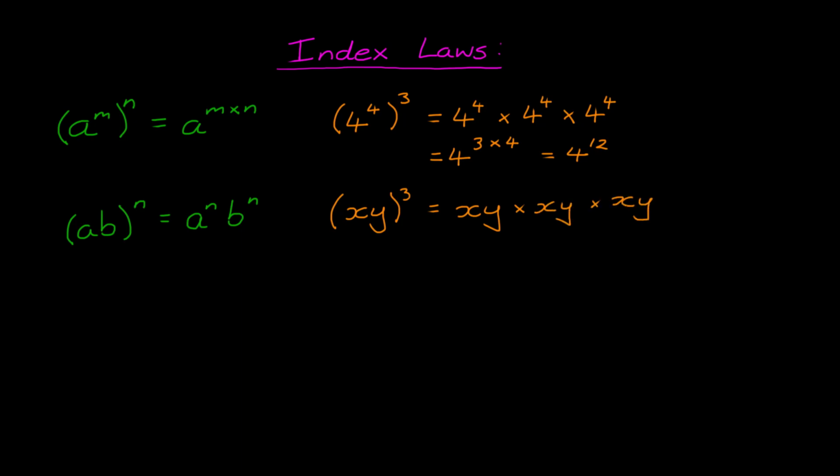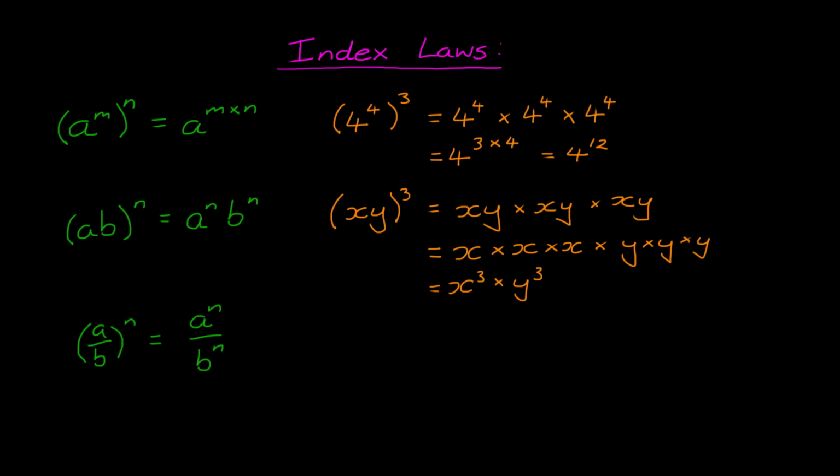Obviously, this is just a string of multiplications, x times y times x times y times x times y. And we can write multiplication in any order we like. So what we do is we rearrange to have x times x times x times y times y times y. And this is then equal to x cubed times y cubed, proving that our rule works.